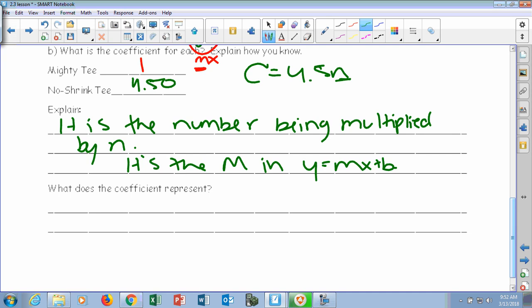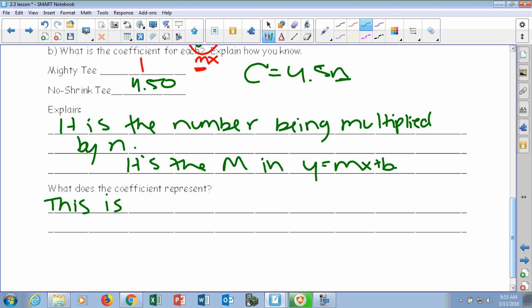What does the coefficient represent? Isabel. What does the coefficient represent? The number that's being multiplied by a variable. Yeah, it's the number being multiplied by the variable. In this case, the variable represents what? What's the n represent? The number of t-shirts. Good.